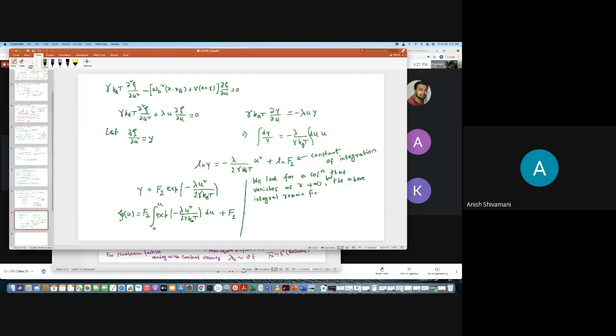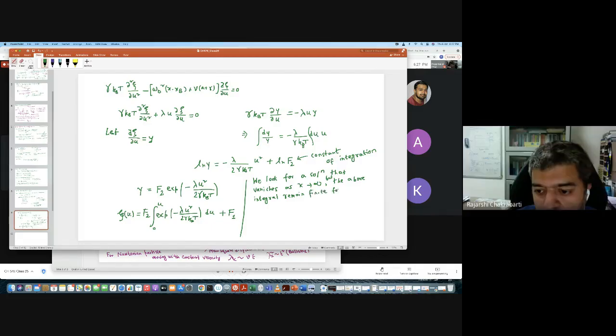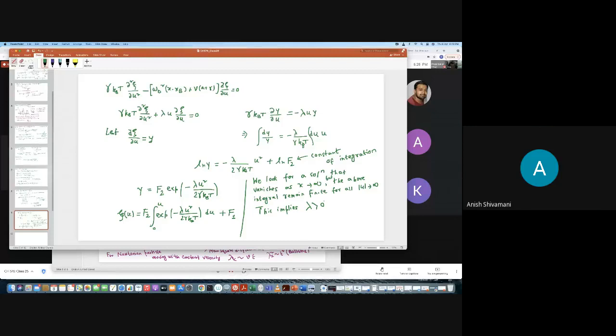Yes. For all mod u. It is an exponential, a quadratic in u, so it's like a Gaussian function. Now this implies what? Lambda has to be positive. Is this fine? Yes, sir. And what was lambda?